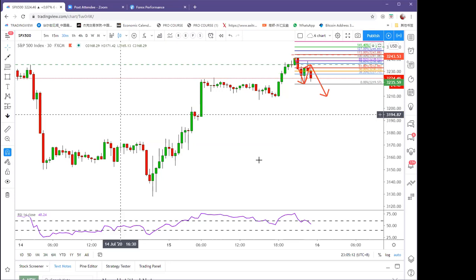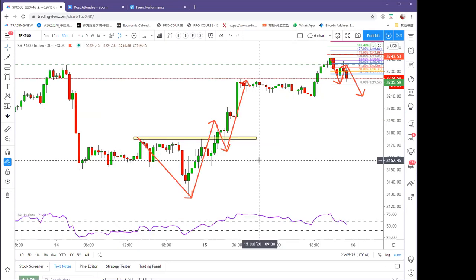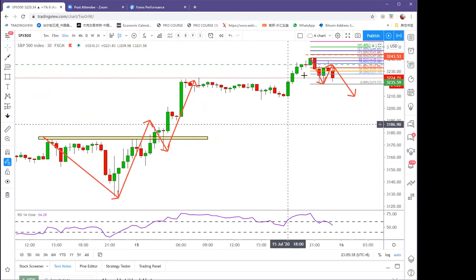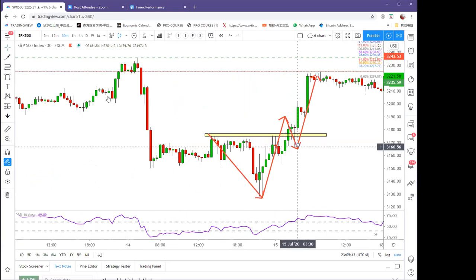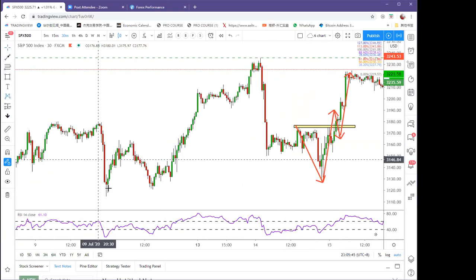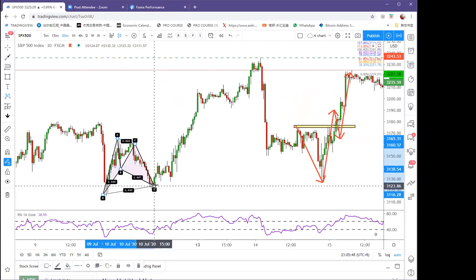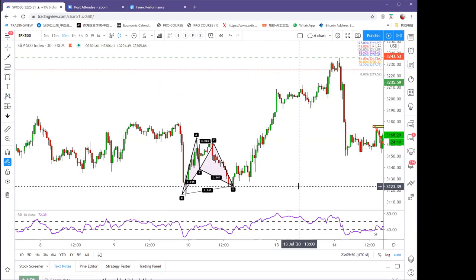You're going to be okay if you understand the important rules of trading: how to set your entry, how to set a stop loss, why the reward and risk ratio is very important, how to use the Fibonacci levels to determine your entry, and how to use harmonic patterns to help you find a good entry point. Trading will not be difficult if you know the professional traders' patterns. That's what I teach.